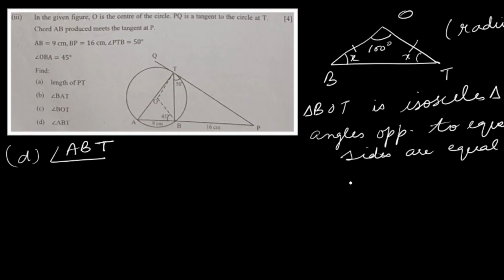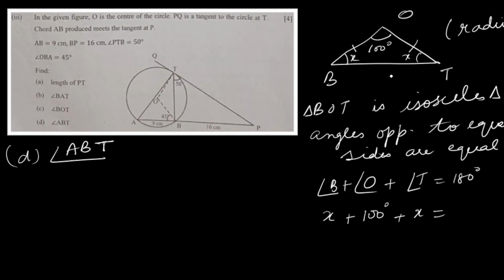Now in this triangle, angle B plus O plus angle T is equal to 180 degrees, the sum of all the angles of a triangle. So angle B I have assumed as X, O's value is 100, and T's value is also X, because this is an isosceles triangle.